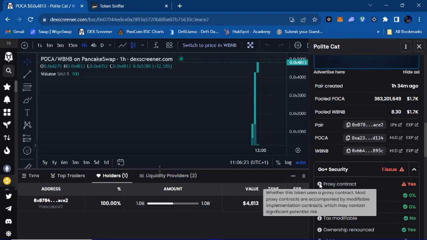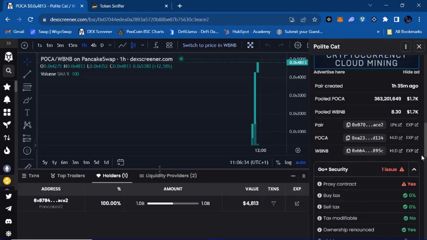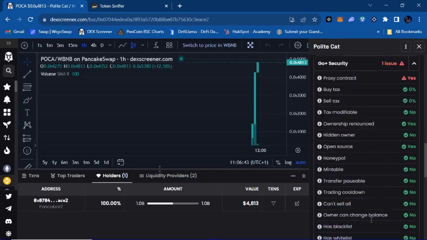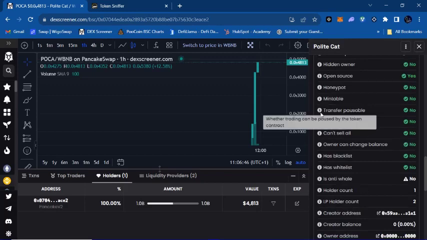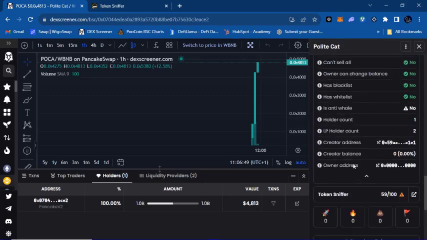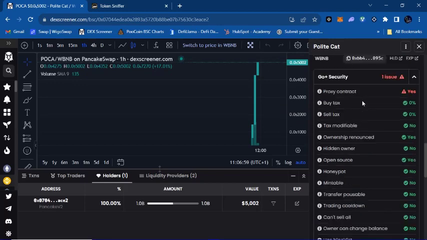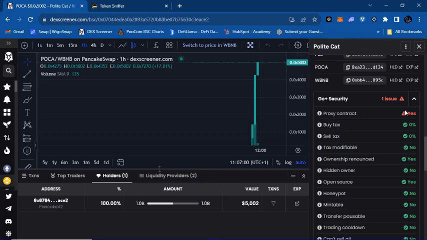So what it means is that the proxy contract could be implemented, and then that proxy contract might have certain code in it, certain programs in it that allow you to modify the buy tax, sell tax, and all these other identifiable risks. So if there's a proxy contract, definitely do not buy, leave it.